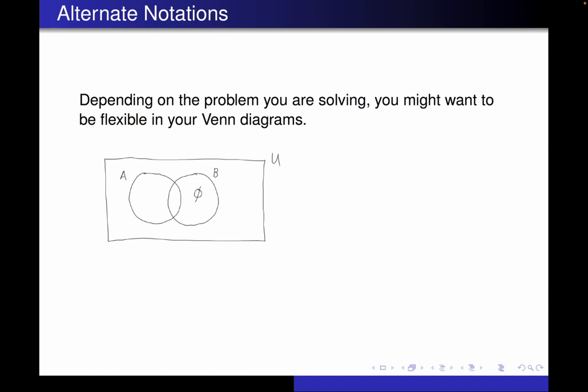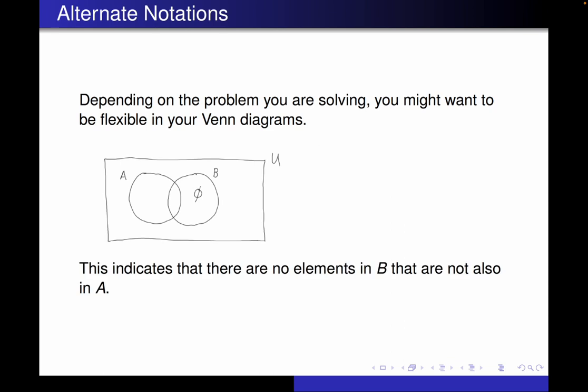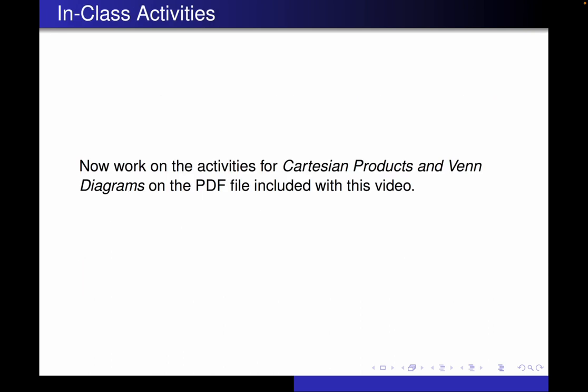What that is telling us is the part of the set B that is not in A does not contain any elements. So there are no elements in B that are not also in A, and if you think about it, that's a situation where B is a subset of A.